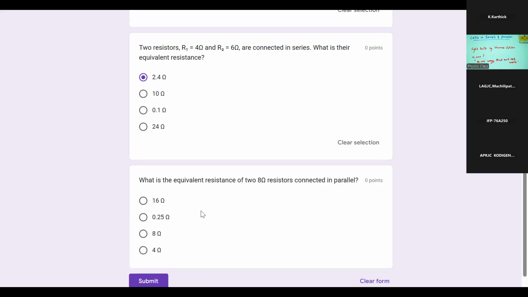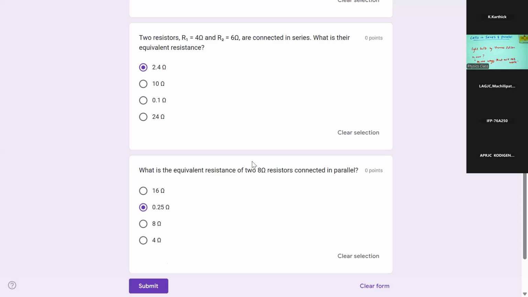Okay. Which one is correct? We can select 0.25 ohm. Let me check. Okay. Right.